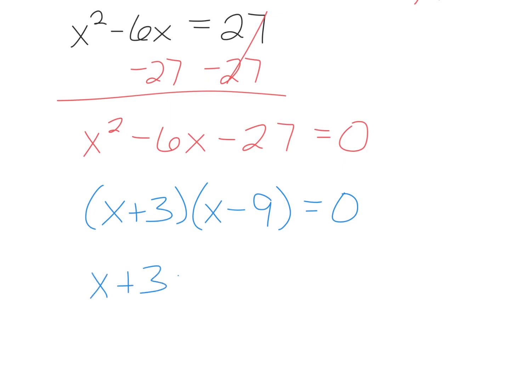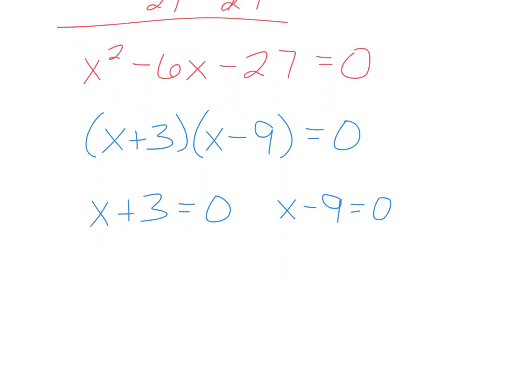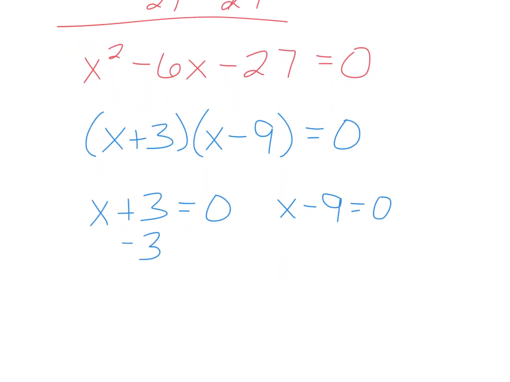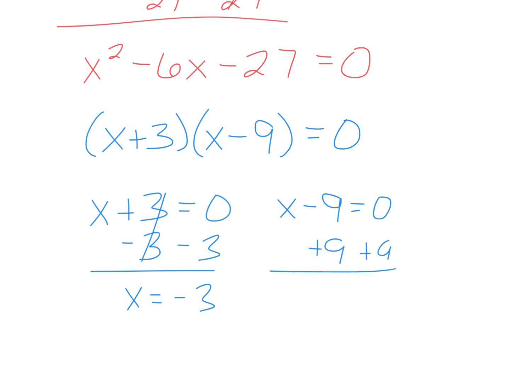Yep. Set both of them separately equal to 0. And then one-step algebra, what do I do on the left? Subtract 3. So we have x equals negative 3. What do I do on the right? Add 9. So we have x equals 9.